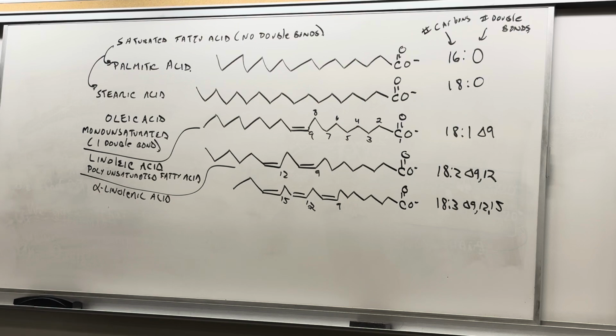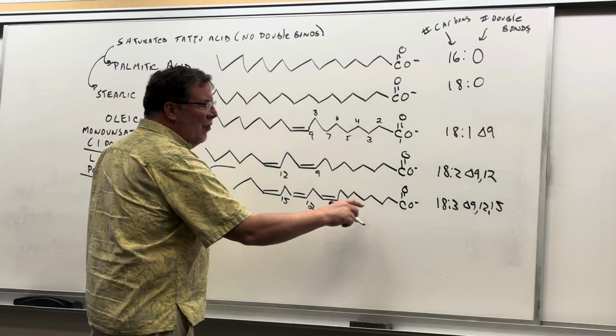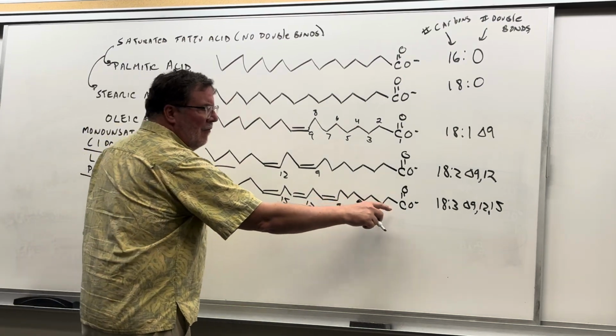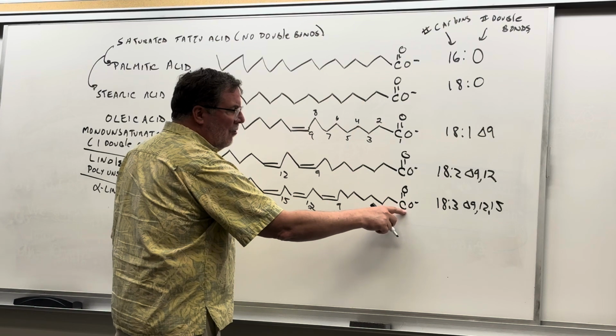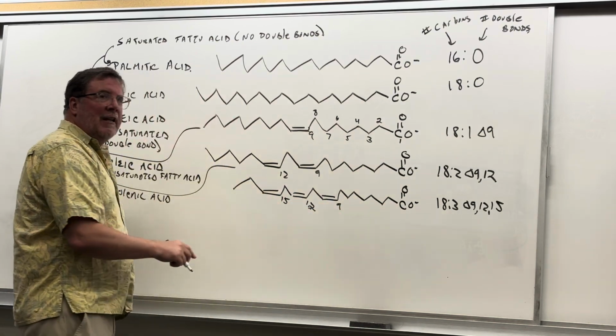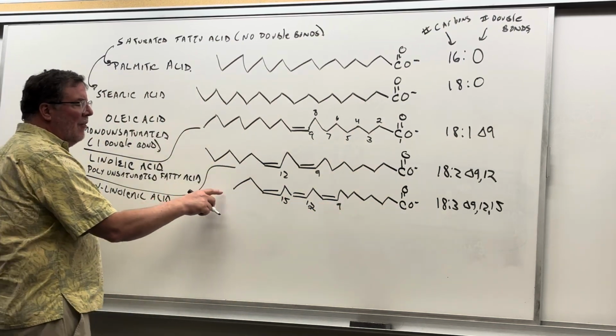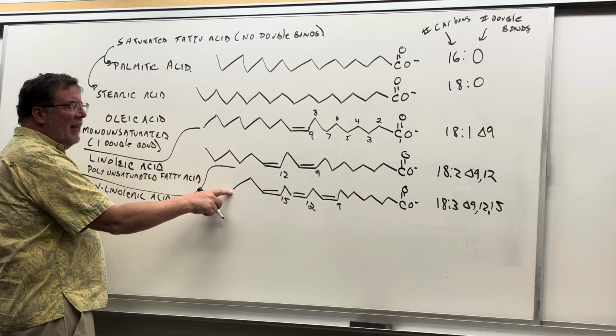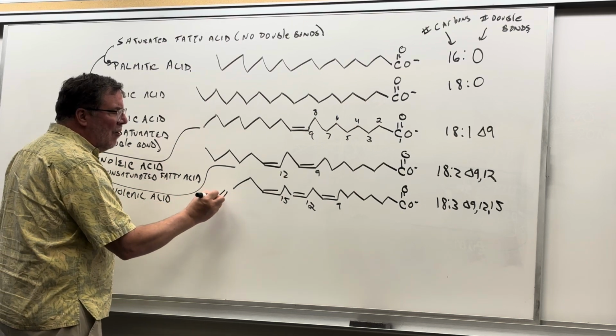Okay, now I'm going to introduce you to a different type of nomenclature. Instead of referring to the position of the double bond from the carboxyl carbon, 9, 12, and 15, this actually refers to it from the other end. This far end of the fatty acid is known as the omega end.